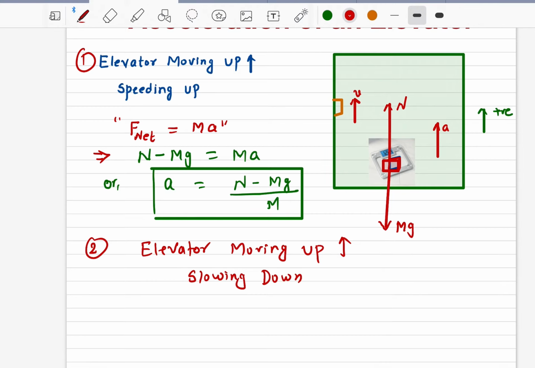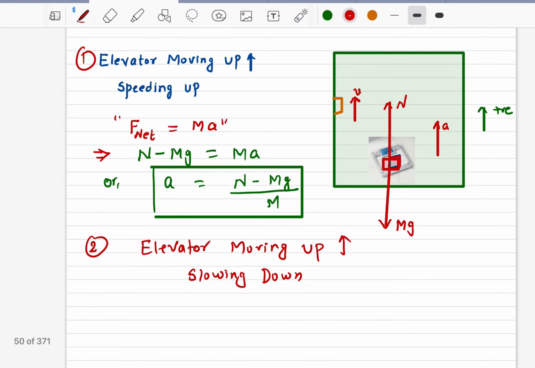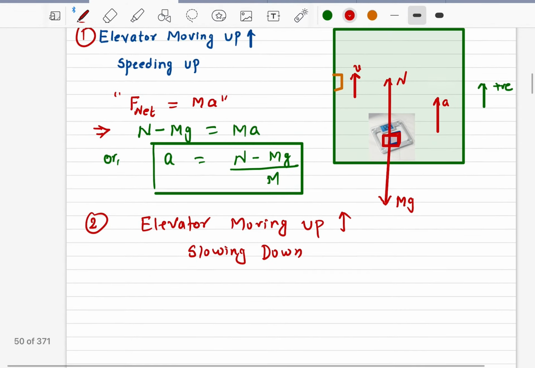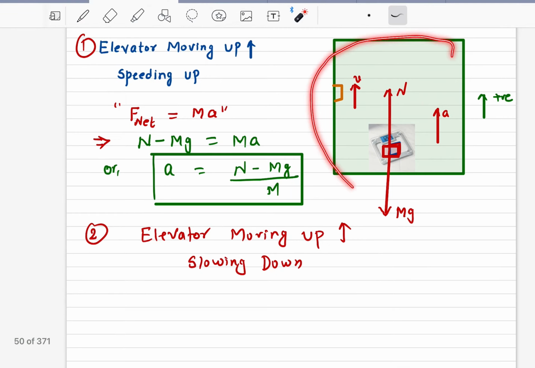When it is about to reach the top floor, it has to slow down. Let's say you started from the ground floor and wanted to reach the 10th floor. The elevator will speed up, and then when it is about to reach the top floor, it slows down.